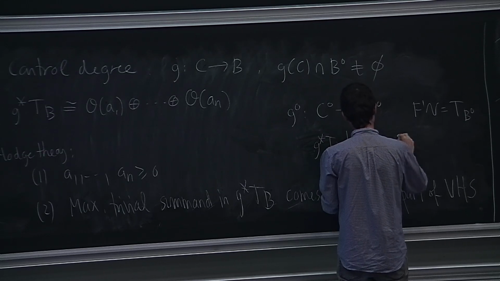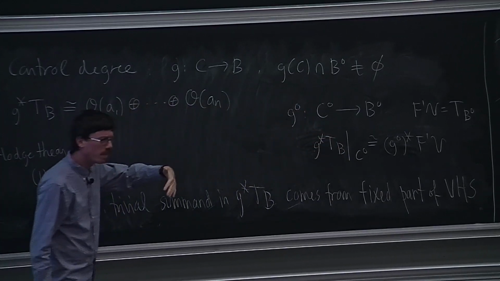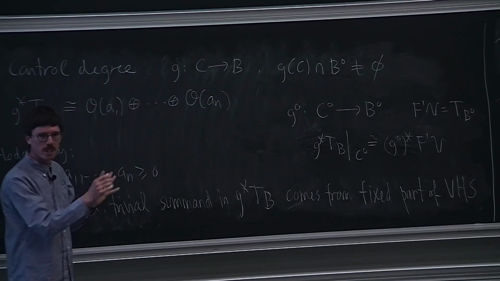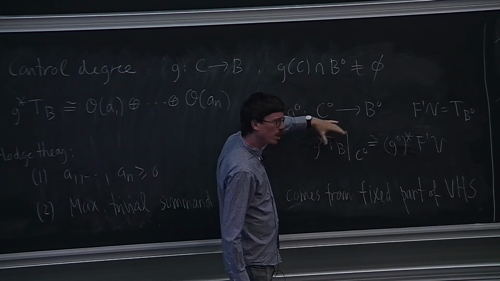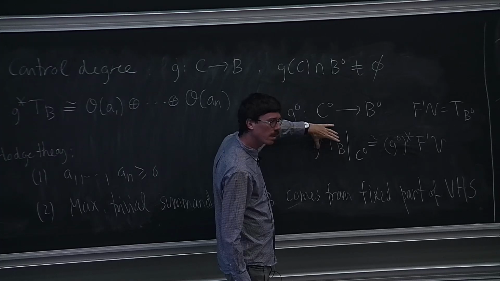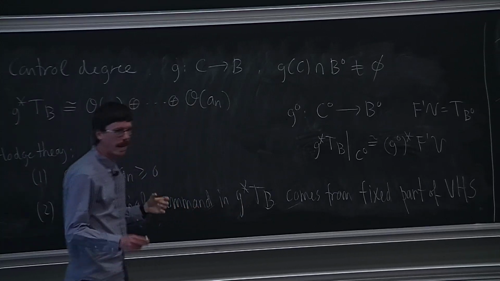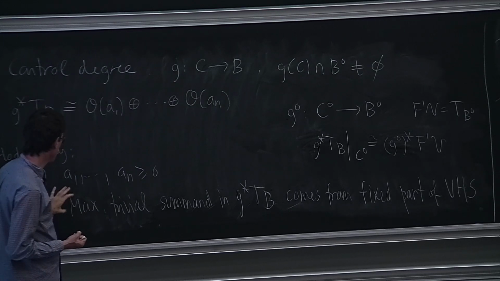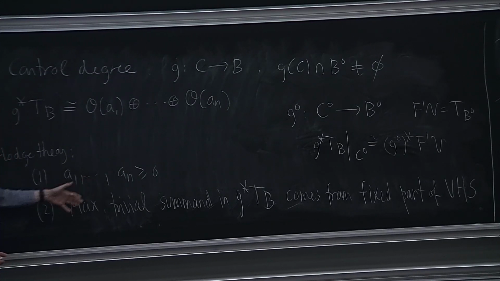Sorry, the notation is kind of awkward, but okay. So the pullback to the curve of the VHS knows about the pullback of the tangent bundle, at least over the smooth part. But the point is that if the tangent bundle, which exists on the entire curve, has a trivial summand, then the VHS actually has a trivial part, a part without monodromy. Okay, so this is the meaning of this part. So if there's some zeros here, then they have an explanation in terms of this variation of Hodge structure.